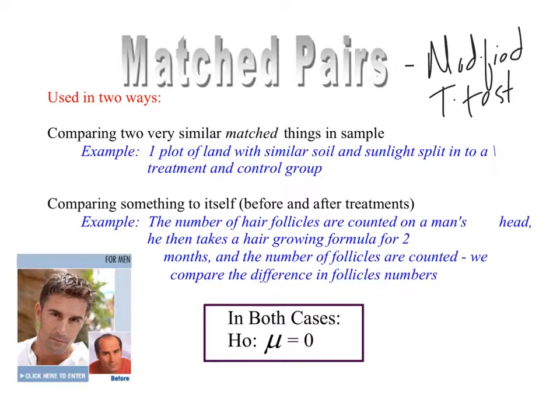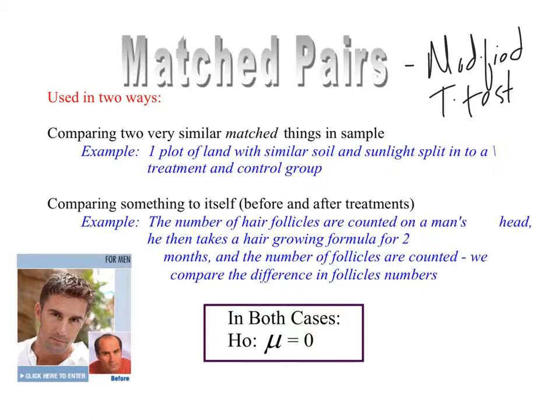Here's how we use the matched pair. It's used really in two ways, that we have two very similar things that we're comparing to each other, that it is important that they're matched to one another. For example, I have a plot of land, right? So it's got the same soil and sunlight, and of course rain would be similar there.